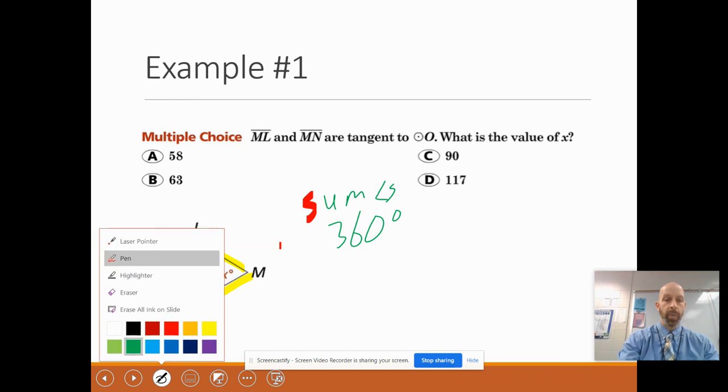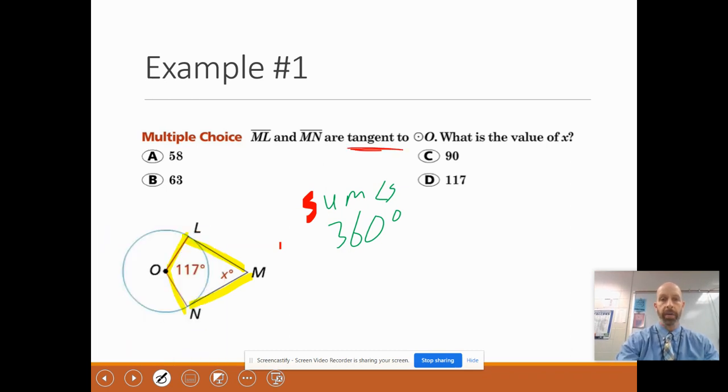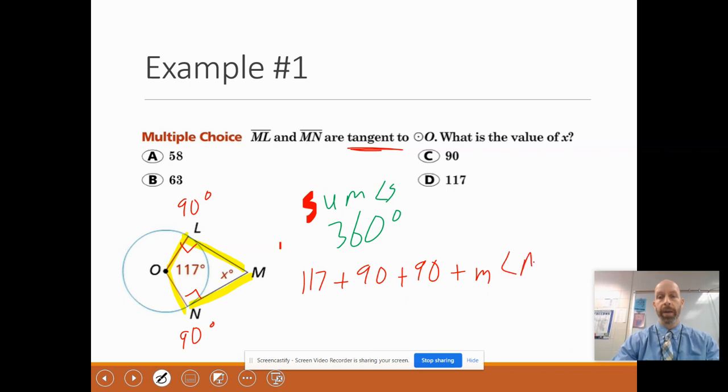Now, since we know that these two line segments are perpendicular to the circle, we also know that, for example, angle L and angle N are right angles. In other words, they have to be 90 degrees and 90 degrees. So now we have all the information that we need to solve this problem. We know that 117 plus 90 plus another 90 plus the measure of angle M is 360.